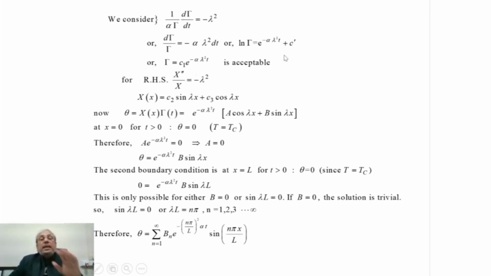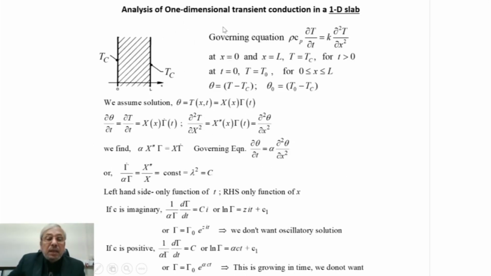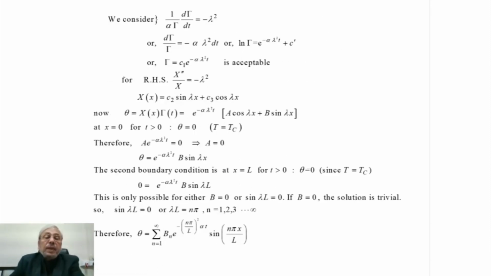So basically we can now say that the separation constant of gamma dot divided by alpha gamma equal to X double prime by X equals minus lambda square. Now if we say this is minus lambda square, then the solution will be C2 sin lambda x plus C3 cos lambda x.